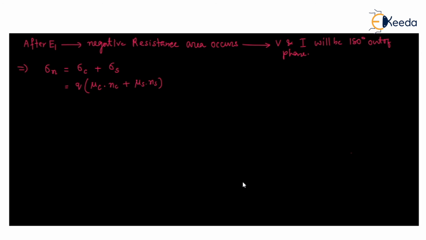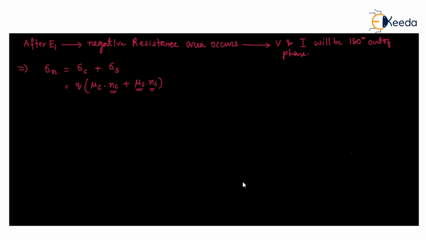So sigma n can be written as q into (mu c into nc plus mu s into ns), where mu c is the mobility of the electrons in the central valley, and mu s is the mobility of the electrons in the satellite valley, and nc is the concentration of the electrons inside the central valley, and ns is the concentration of the electrons in the satellite valley.